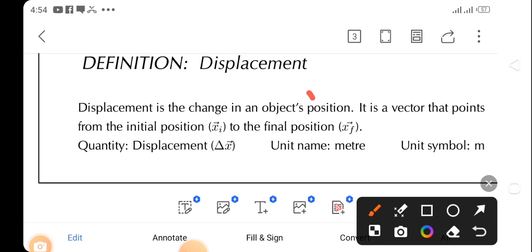Like, let's say I place this object here. If I push it and change its position and move it some distance here, this is what displacement is. Displacement means change in an object's position.